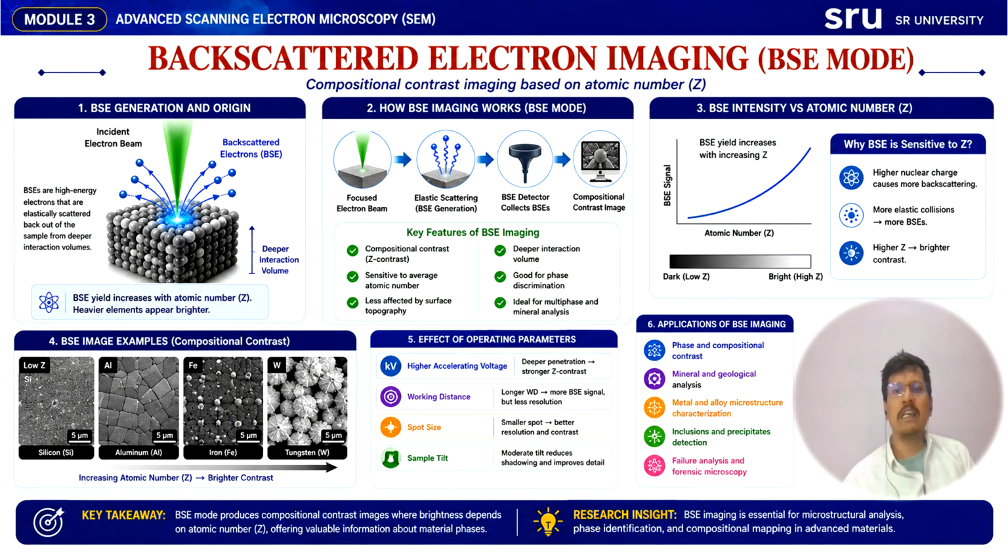We can clearly identify, within the same image, based on the brightness and the darkness of different regions, the different chemicals. The composition of the material can be analyzed using the SEM image by this backscattered electron imaging.